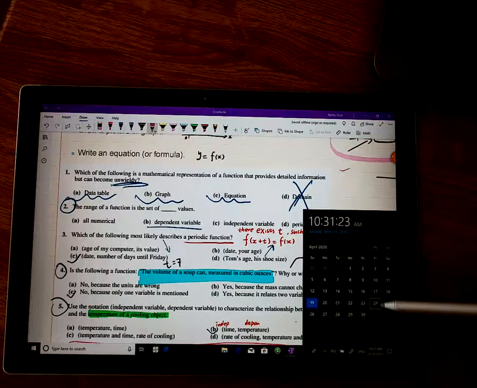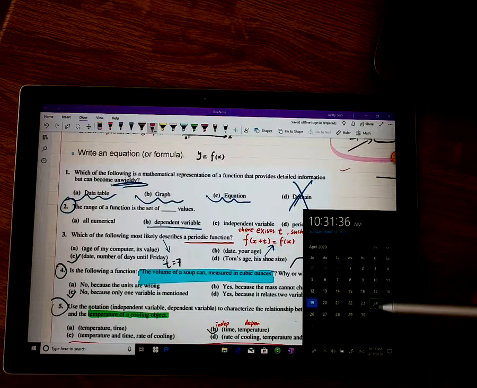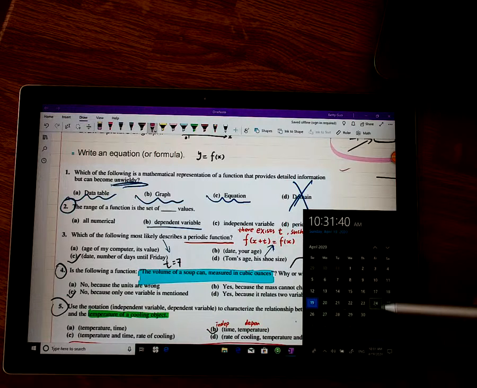Until Friday, 1, 2, 3, 4, 5. 5 days, right? And tomorrow, we would have 4 days until Friday. On Tuesday, we would have 3 days until Friday. On Wednesday, 2 days. On Thursday, 1 day. And on Friday, we have 0 days until Friday.